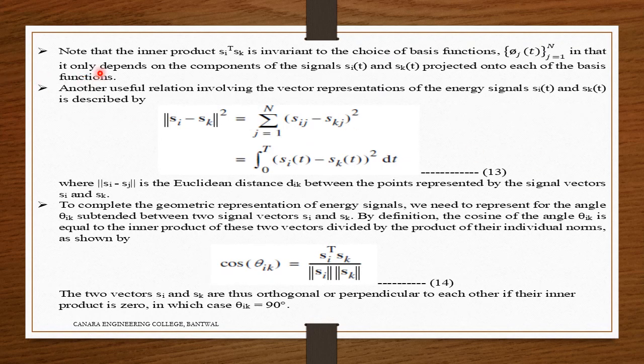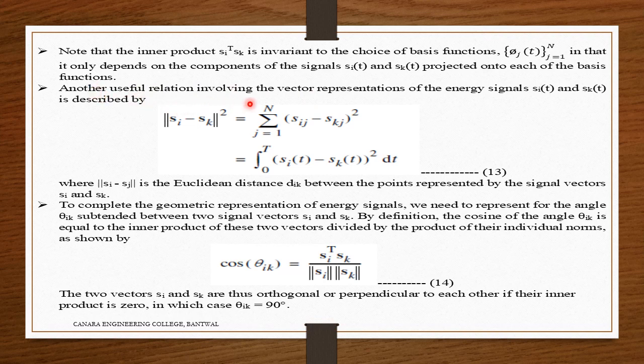Note that the inner product Si transpose Sk is invariant to the choice of basis function pi j of t, for j is equal to 1 to capital N, in that it only depends on the components of the signals Si of t and Sk of t projected onto each of the basis functions.